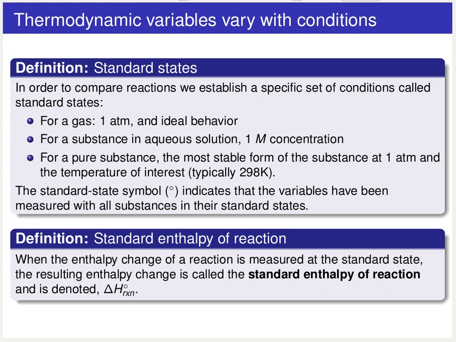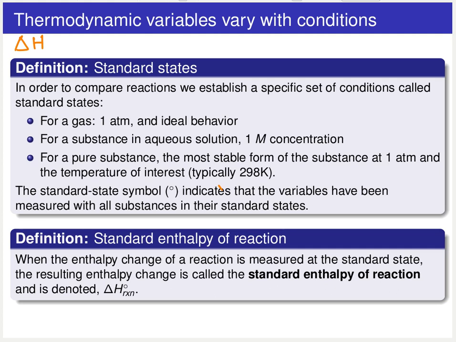So when we're introducing the concept of enthalpy or some sort of change in enthalpy that's associated with a given process, the magnitude of that enthalpy change will vary with temperature, pressure, concentration, and these sorts of things. So if we want to have a nice way to discuss changes in enthalpy and compare changes in enthalpy between different substances and compounds, we need to come up with a standard, all right?